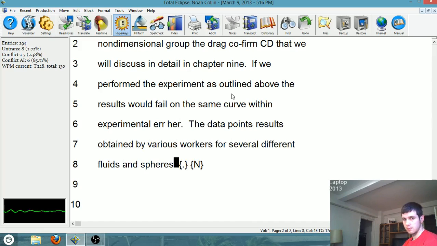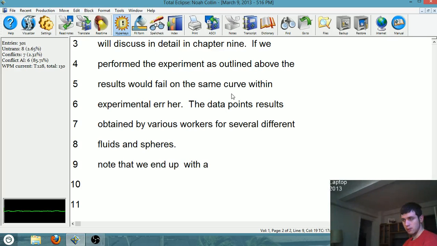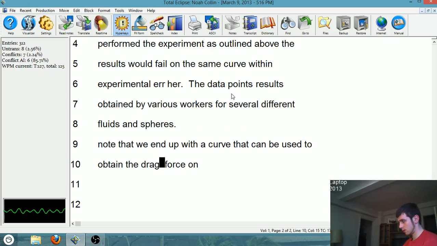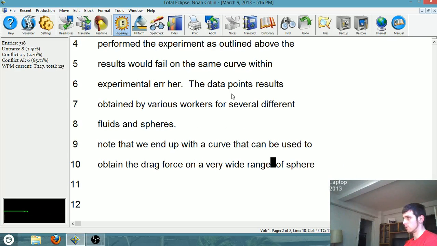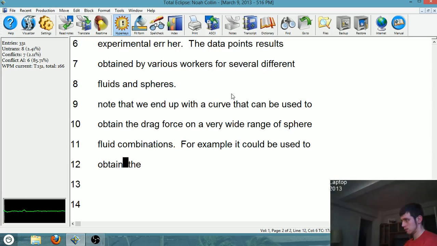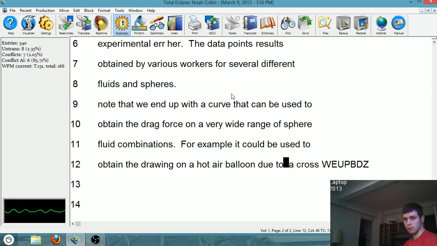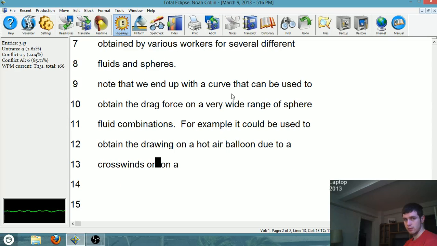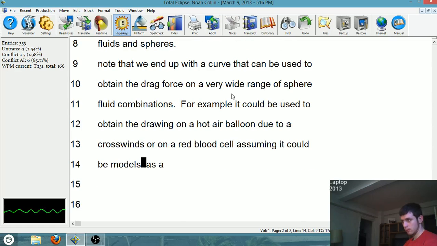Note that we end up with a curve that can be used to obtain the drag force on a very wide range of sphere-fluid combinations. For example, it could be used to obtain the drag on a hot air balloon due to a crosswind, or on a red blood cell, assuming it could be modeled as a sphere, as it moves through the aorta.